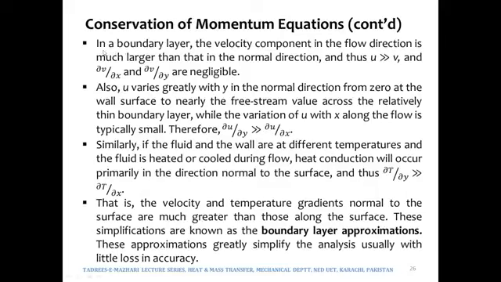The first one says that in a boundary layer, the velocity component in the flow direction is much larger than it is in the normal direction. The velocity component in the flow direction, meaning along x direction, is much larger than it is in the y direction. Thus u is much greater than v, and therefore ∂v/∂x and ∂v/∂y are negligible, since u is much greater than v.